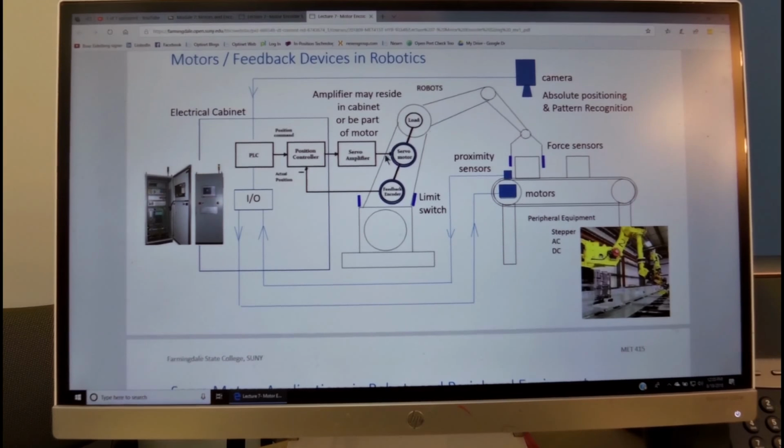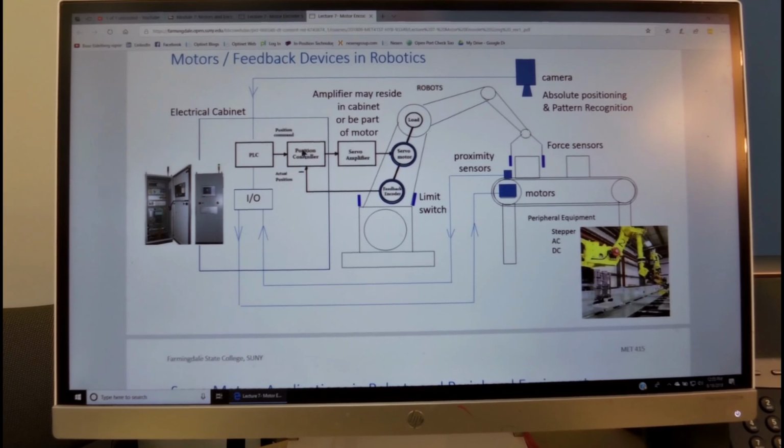For the robot, we see that a typical link here is a servo motor that receives power from a servo amplifier, and the servo amplifier in turn receives a command, a low power command from the position controller. In the back of the motor there is a feedback device, an encoder that feeds back the actual position. The PLC or the trajectory generator in a controller puts the desired position.